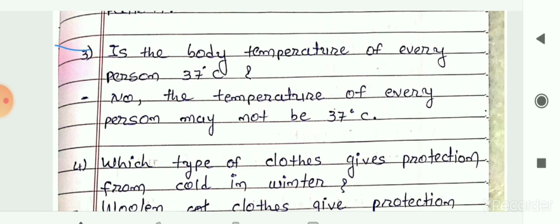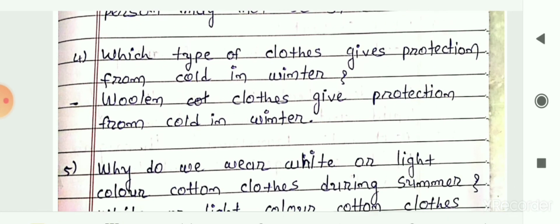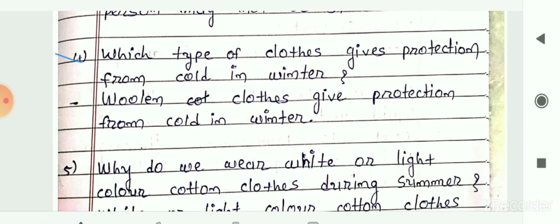So no, the temperature of every person may not be 37 degrees Celsius. It may be very slightly higher or slightly lower than 37 degrees Celsius. It is not exactly 37 degrees Celsius for everyone. Next is, which type of clothes gives protection from cold in winter?